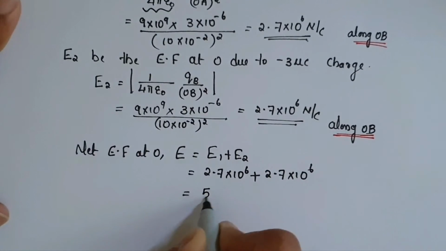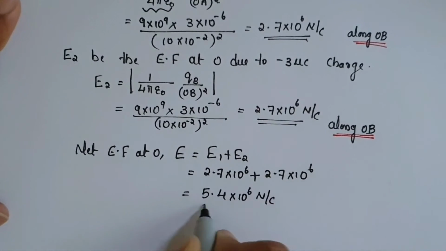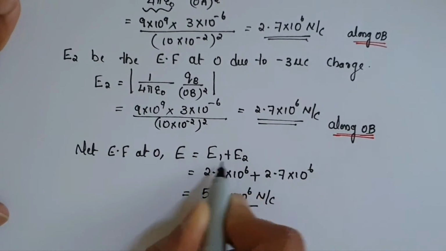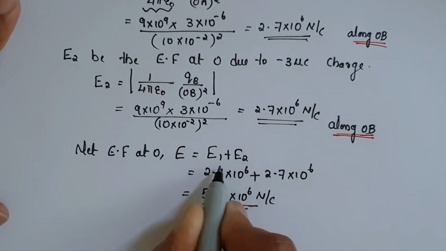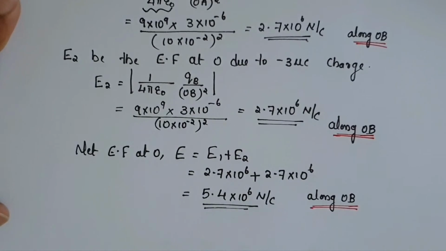This is equal to 5.4 into 10 raised to 6 Newton per Coulomb. Since these two electric fields are acting along OB, so the resultant will also act along OB. Therefore, resultant electric field at O is equal to 5.4 into 10 raised to 6 Newton per Coulomb, and it will act along OB.